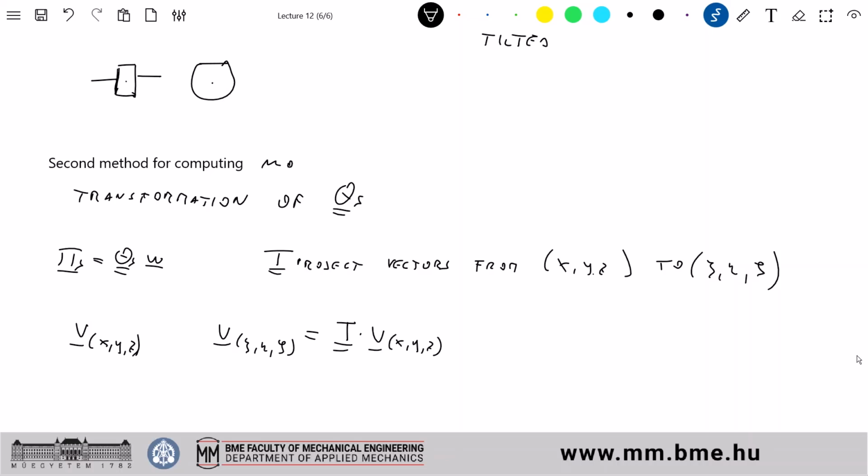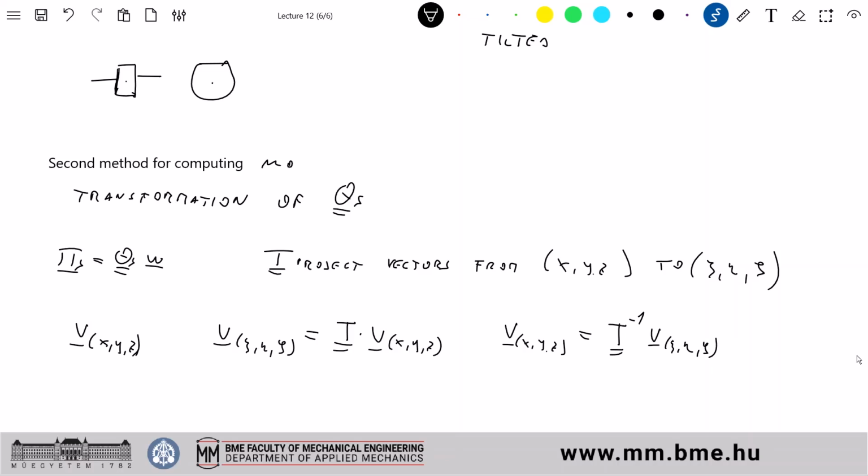Okay, and I also have that v in the x, y, z is equal to T to the minus 1, so the inverse of T, times v in the psi, eta, zeta.